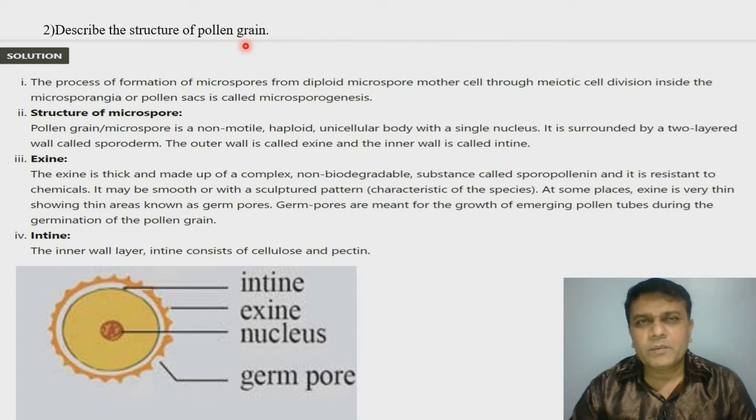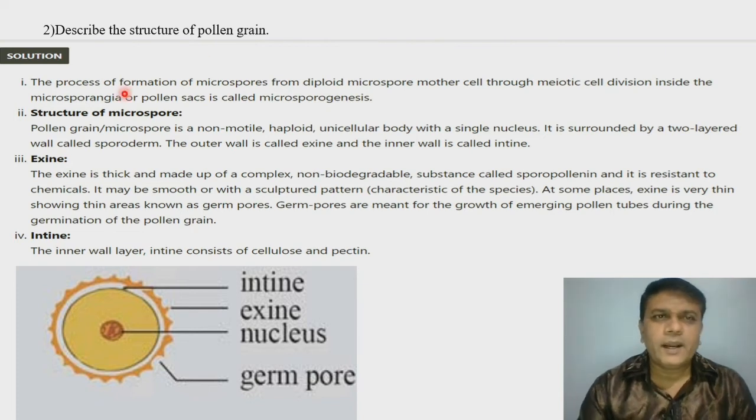The mark distribution is that each correctly written point carries half mark. So in total you will have to write 4 correct points so that you get 2 marks.